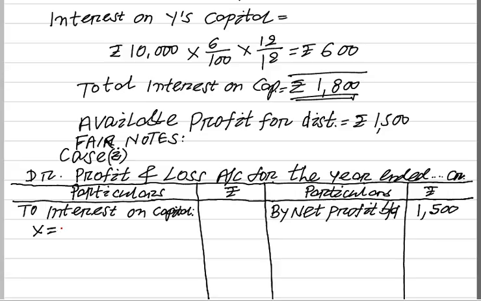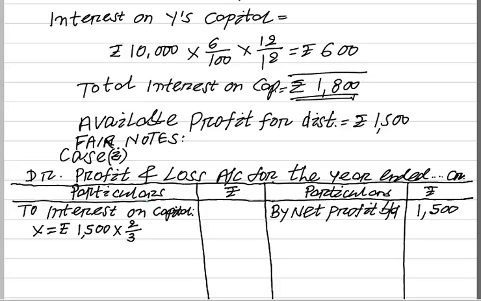For X, this 1500 can be distributed in the ratio of interest. Rupees 1500 is the available profit, whereas the share of X is 2/3. 1200 is to 600, which is 2:1. That's why it will be distributed in the ratio of their interest, as we have already calculated above.